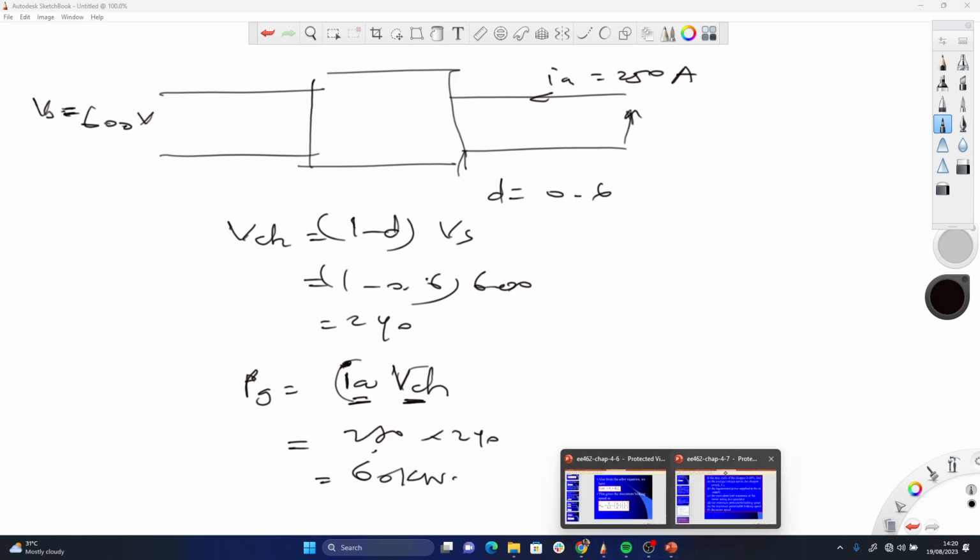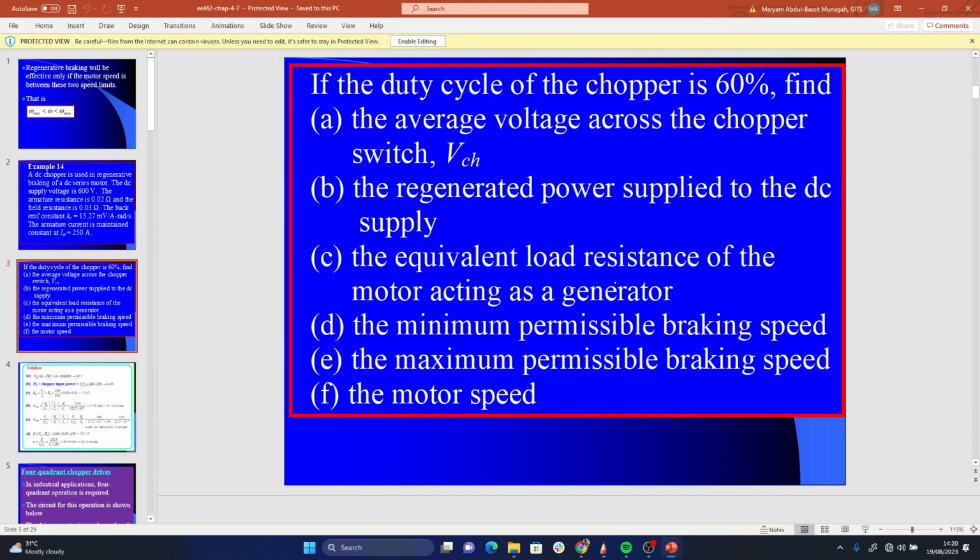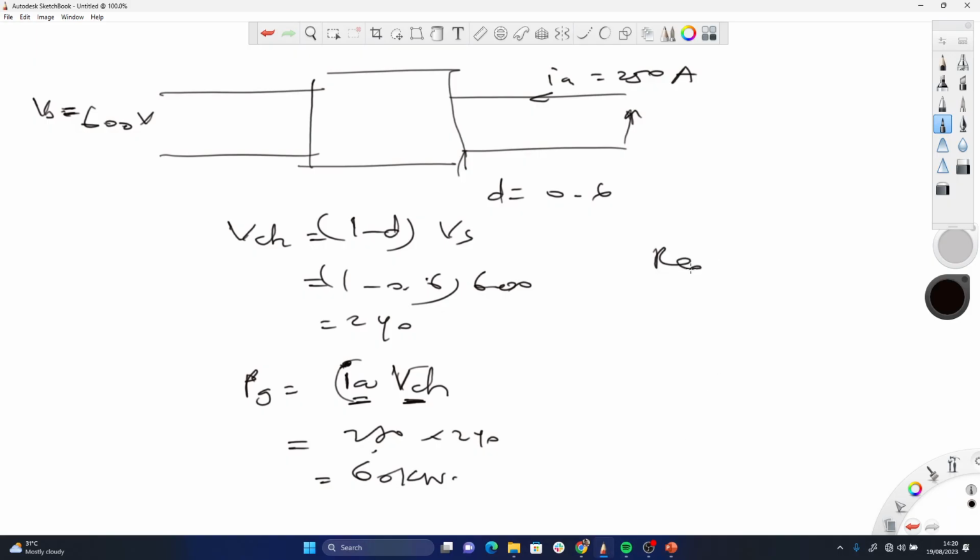Then this part says find the equivalent load resistance of the motor acting as a generator. So R equivalent is equal to E over IA. And then E is equal to what? E is equal to VCH, the voltage here, plus the drops, plus IARA, over IA.